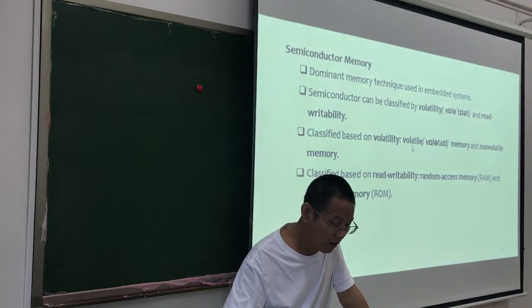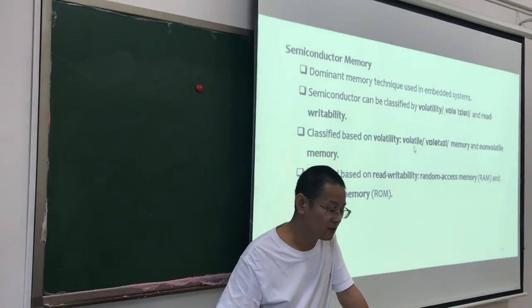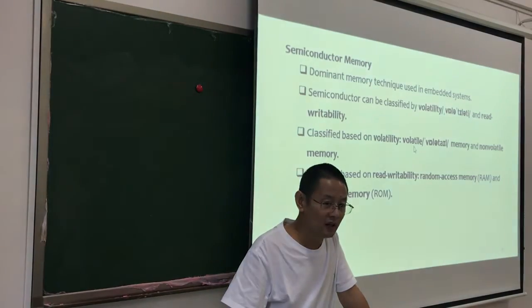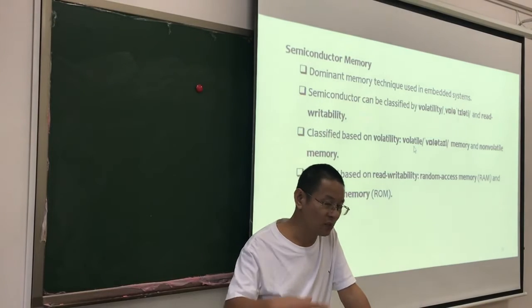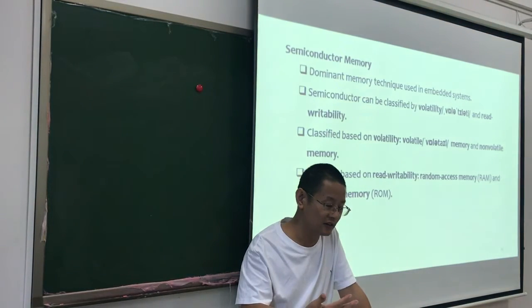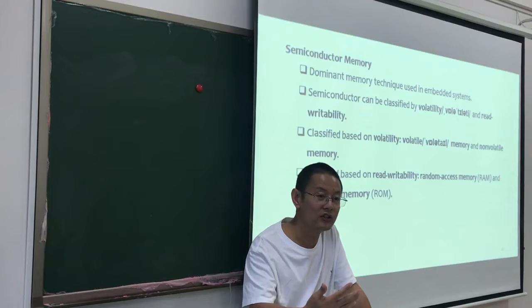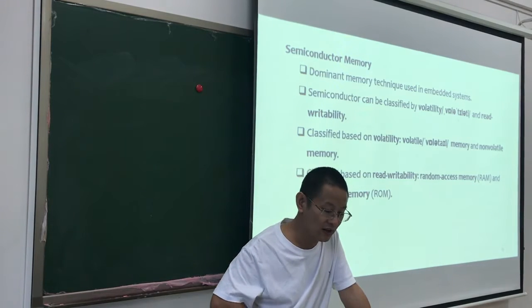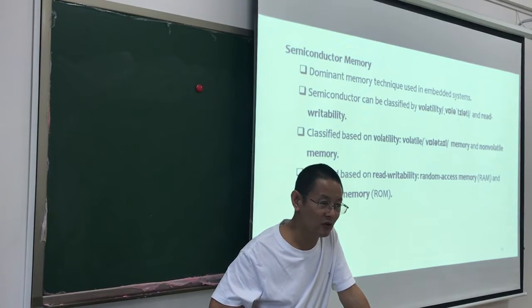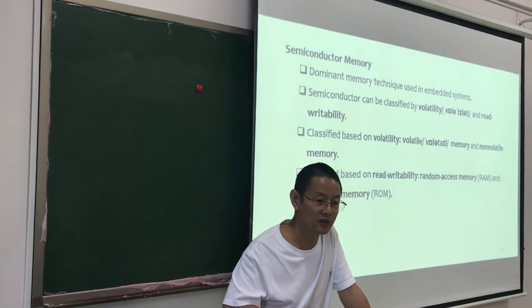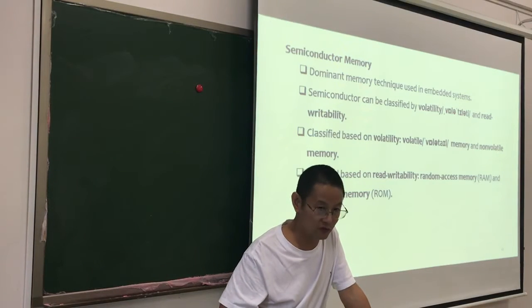Volatile memory means that if you power off, the memory loses the data. Non-volatile memory keeps the data when the power is off.